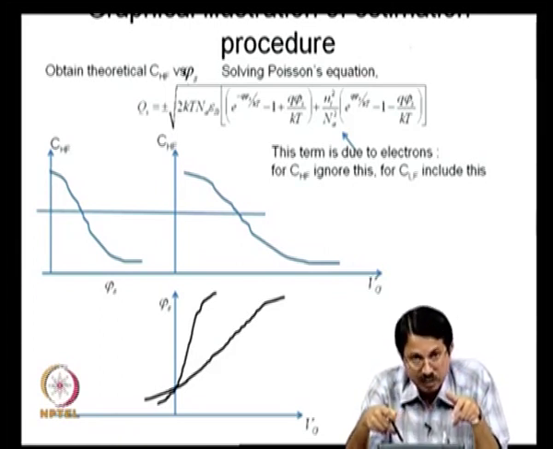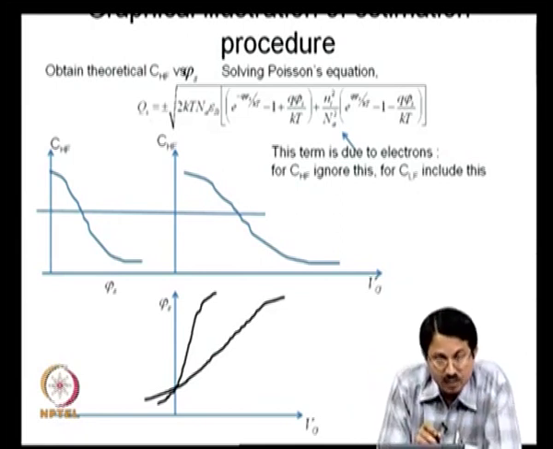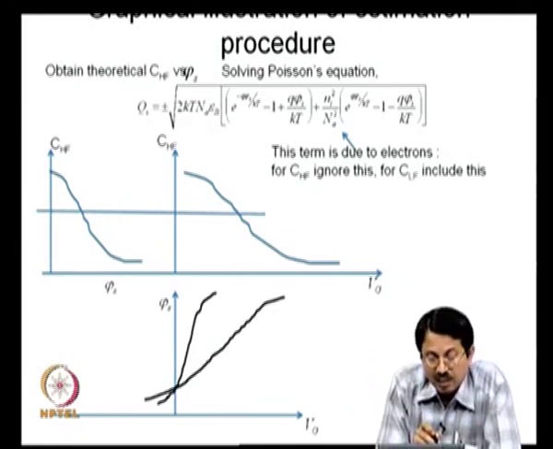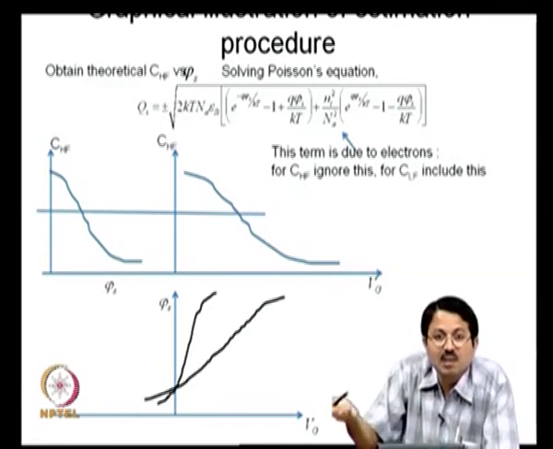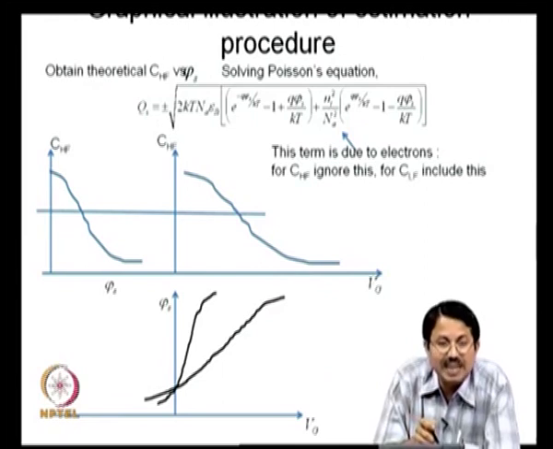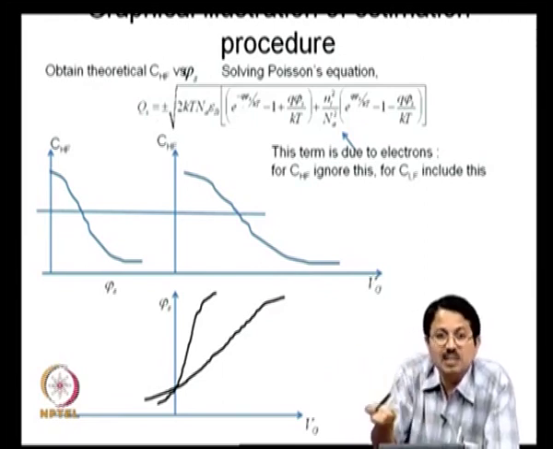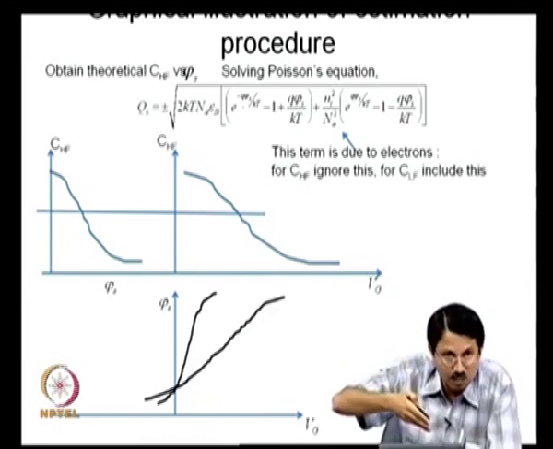If you solve Poisson's equation, you get Qs, which is the semiconductor charge, with plus minus indicating that when it is in accumulation it is positive charge, when it is in depletion or inversion it is negative charge. Accordingly, psi s is positive or negative, in accumulation it is negative, in inversion it is positive.